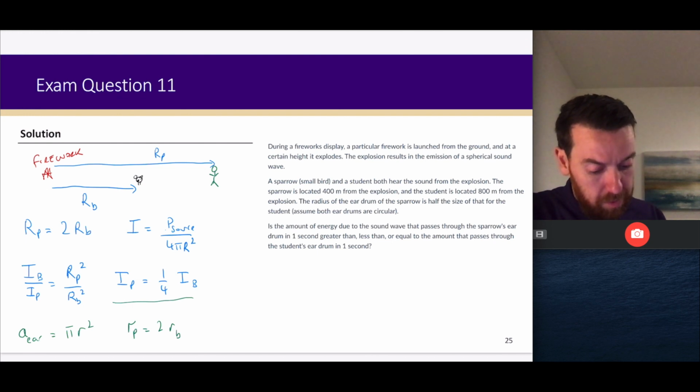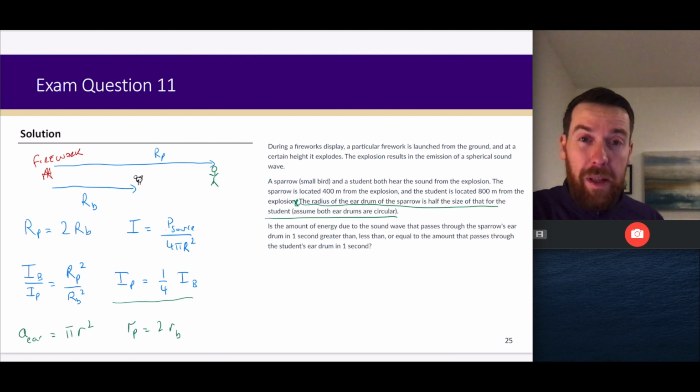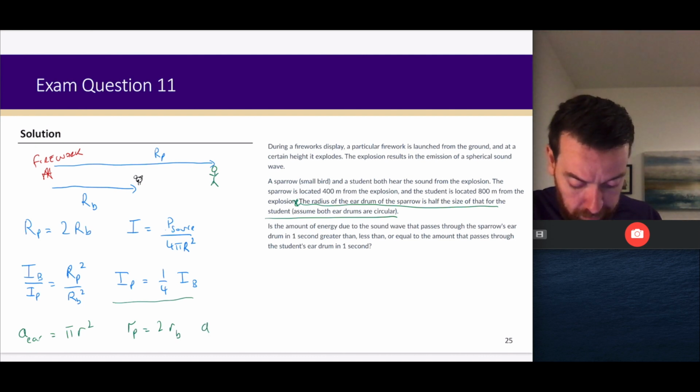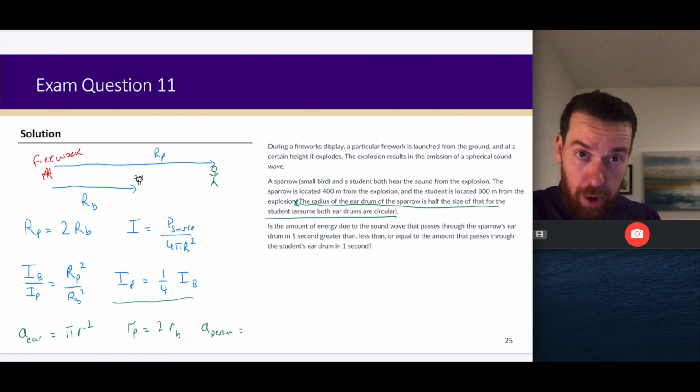Let's give it sort of in this statement here. So that means that the area of the person's eardrum is 4 times the area of the bird's eardrum. So the area of the person, that's the eardrum, is equal to 4 times the area of the bird.